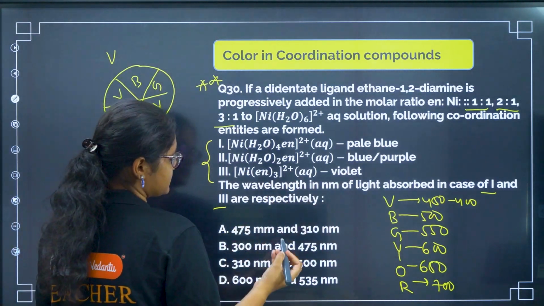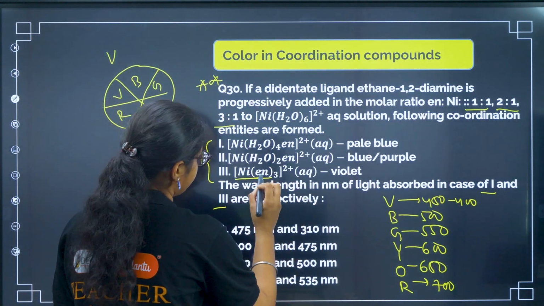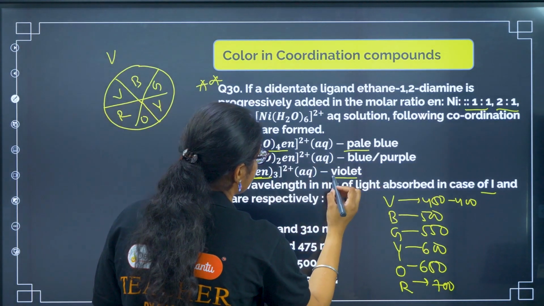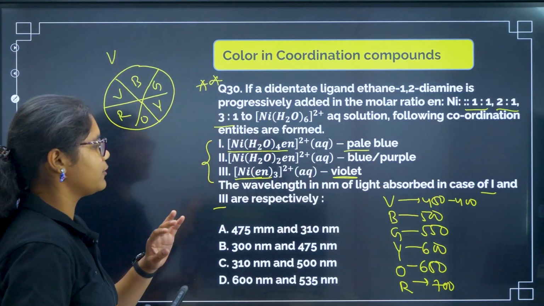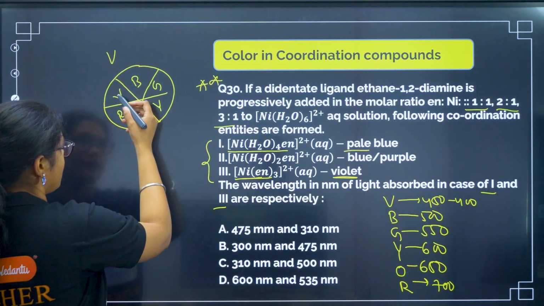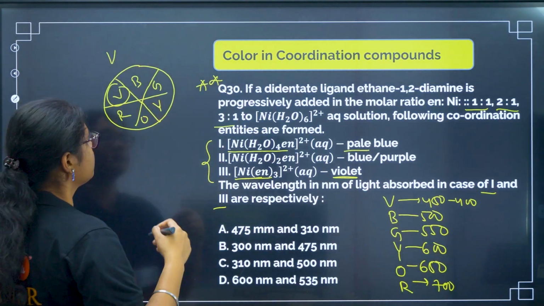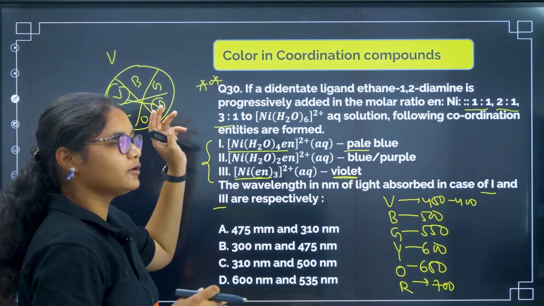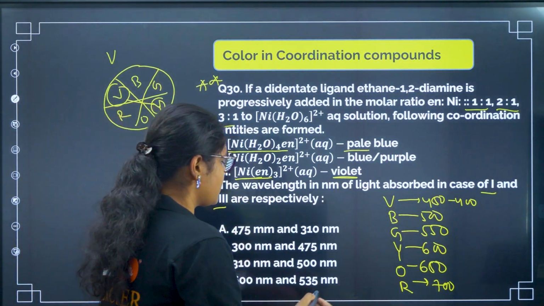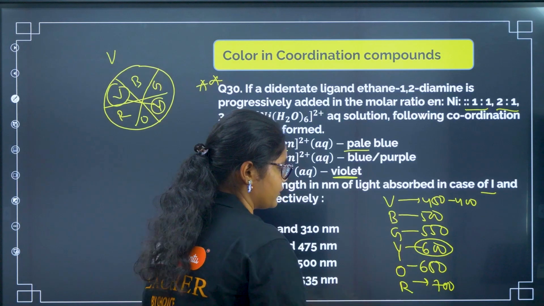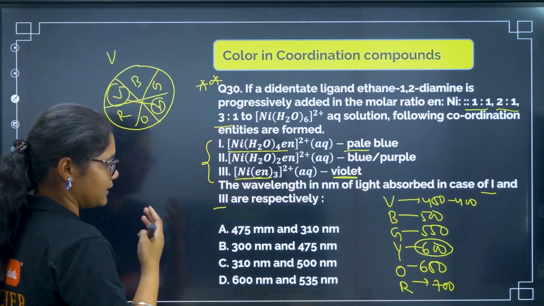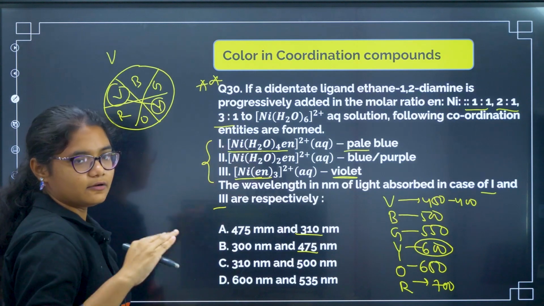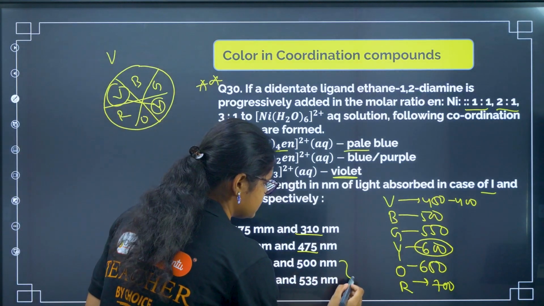Now the color of the third compound is violet. If it appears violet, the wavelength it will absorb is in the yellow range, around 600. We can see which options are nearer here. 475 and 310 are far away. We can check these 2 options.